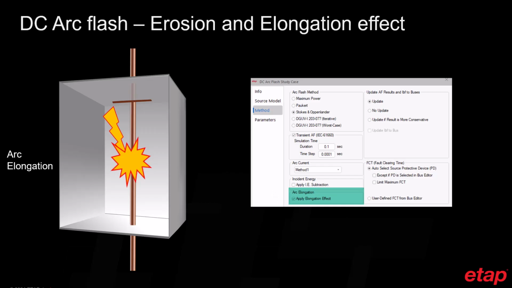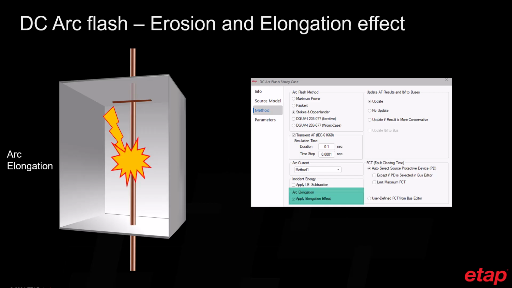On top of that, another important concept is called the arc erosion, which we can take a look at based on the physics of the arc and the conductor material and its cross section. In this case, let's say we have copper conductors with a specific cross-sectional area or a conductor size.